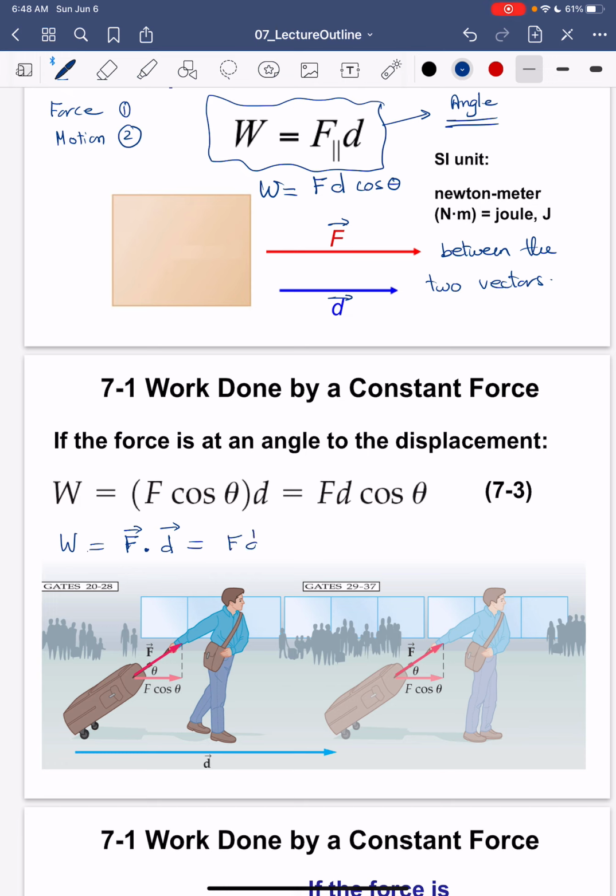And always the dot product is going to yield a scalar, and its magnitude is F D cosine theta. From that, we know also that work is a scalar quantity. Then we don't need actually to have a direction for it, just the unit.